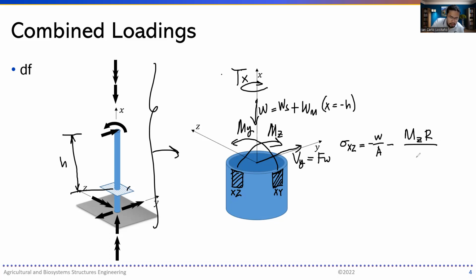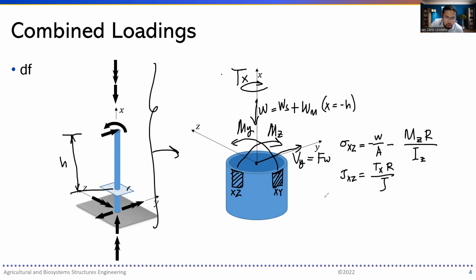So the area will be affected by a moment about this direction, about a radius R, and it's going to be over IZ. Later we'll define these variables. Your shear is very simple. It's just the Tx times the R, the radius, over the J, the torsional moment.